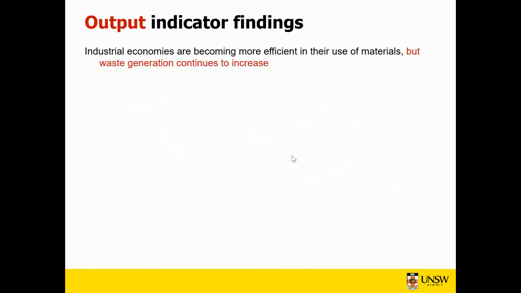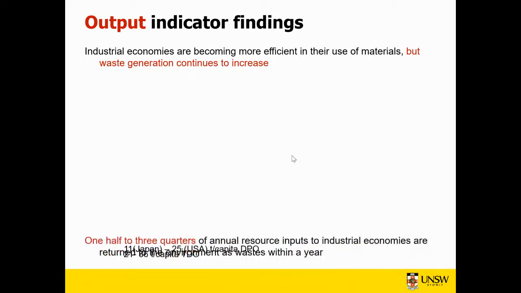So just to summarize, what we see here is that industrial economies are becoming more efficient in the use of materials, which means, in principle, a decrease in the output and in the amount of waste you generate, but it's an increasing trend. So becoming more efficient was not enough to see it decreasing systematically.